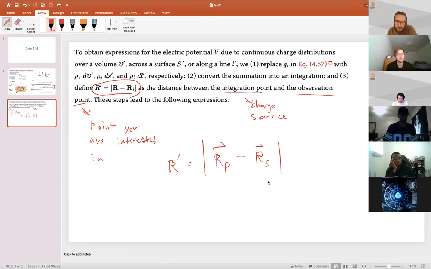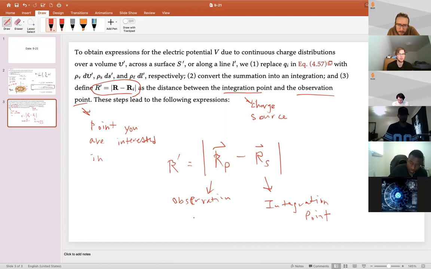This is the integration point, and this one is the observation point. On your piece of paper, see if you can find this vector.